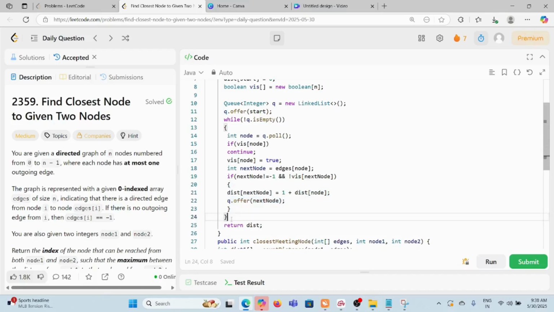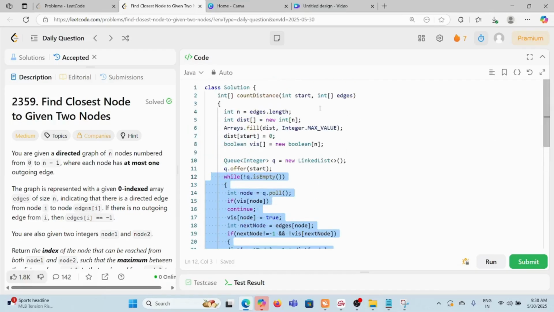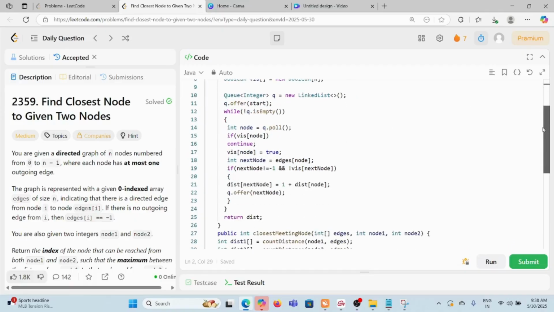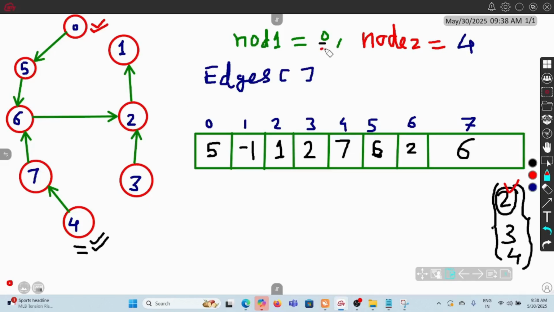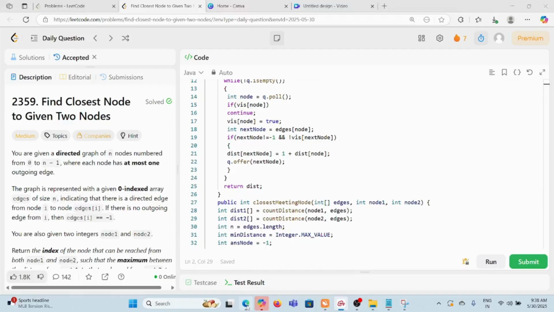Similarly, when we are done, we will find the distance of all the nodes from this start node. So this utility method we are using to find the distance for our given node 1 and node 2, right? We are given 2 nodes. We will get the distance array using this BFS method.